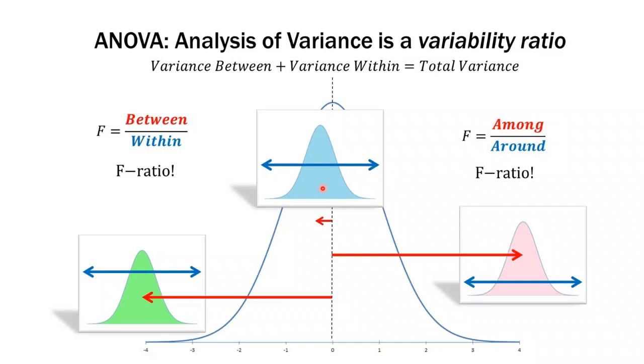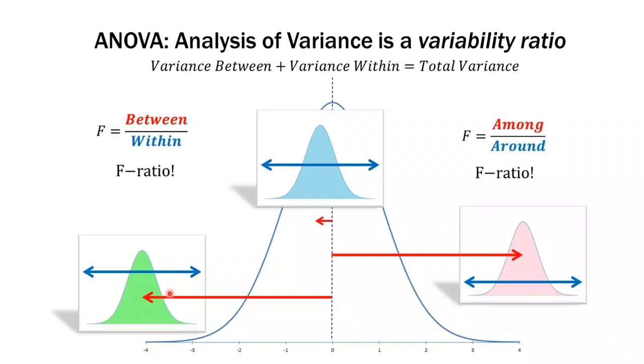For example, in this group, if this central line is the mean, what is the difference of the individual entries from this mean? This is known as the variance within. And what is the difference of this mean with the means of these other groups?